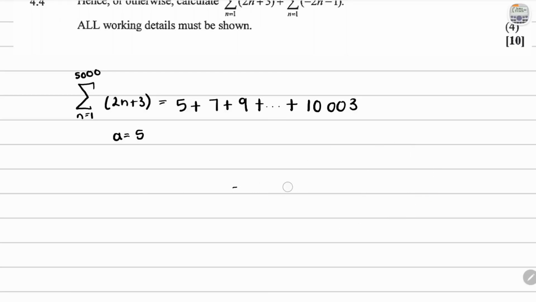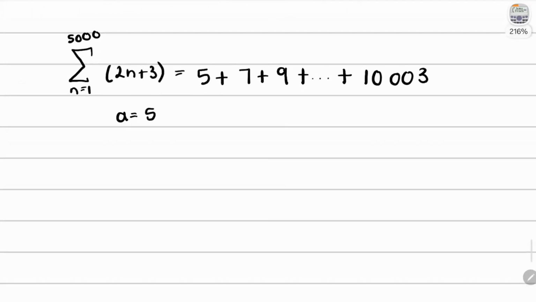So our main goal is really just to find that first and that last term, and of course the value of n, the number of terms. Okay, so here I know that a is 5. I also know the difference, but I don't really need that. I know the last term is 10,003. And then the last thing we would need is the number of terms, n.